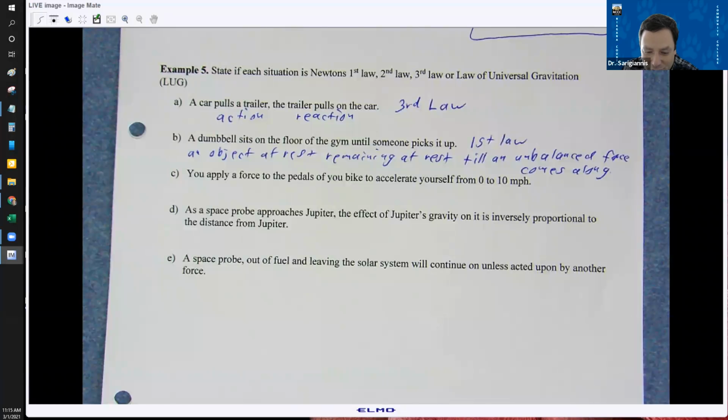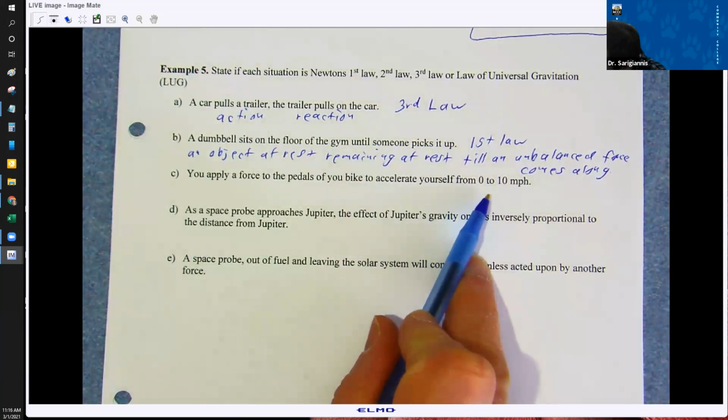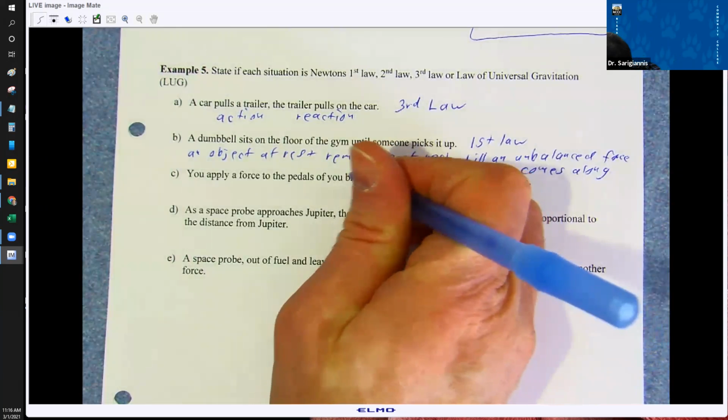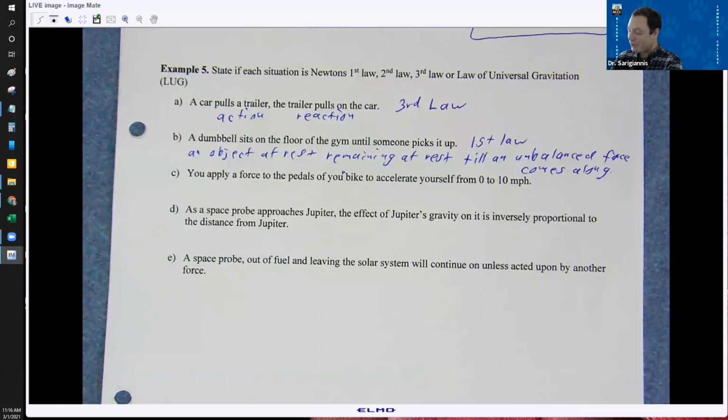Let's relaunch the poll here, and we'll do part B, which is you apply a force to the pedals of your bike to accelerate yourself from 0 to 10 miles per hour. So which of Newton's laws is this? You apply a force to the pedals of your bike to accelerate yourself from 0 to 10 miles an hour.